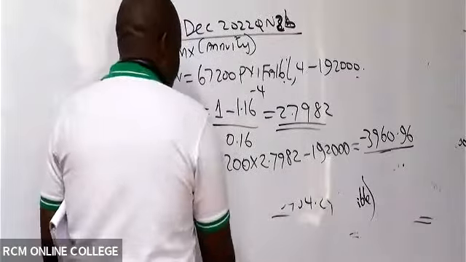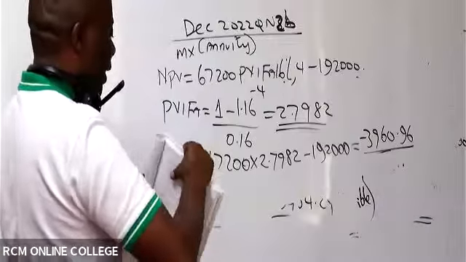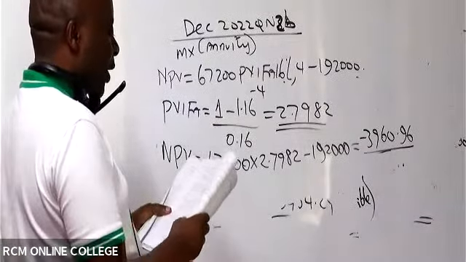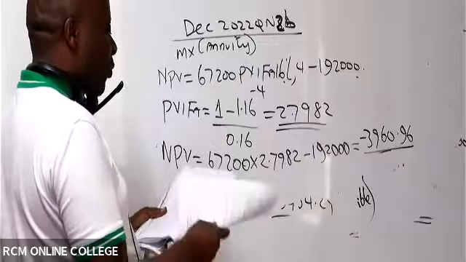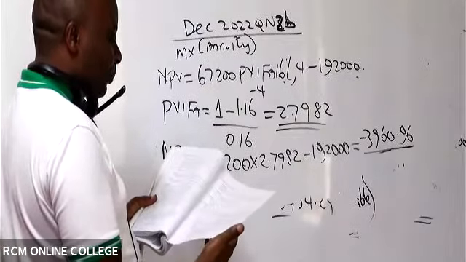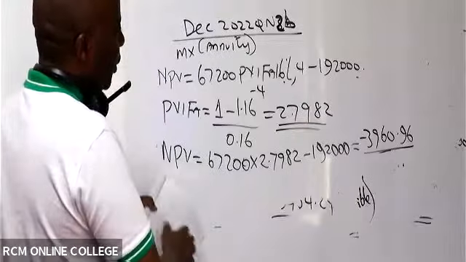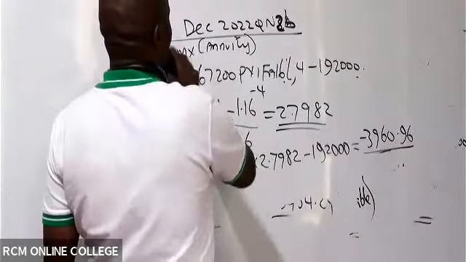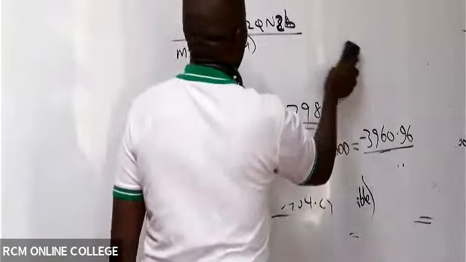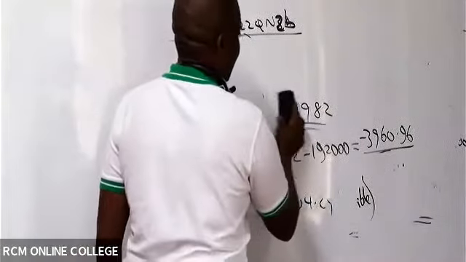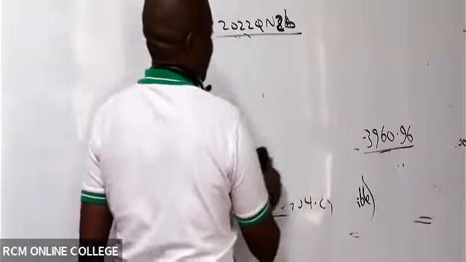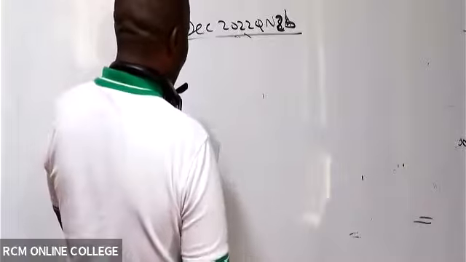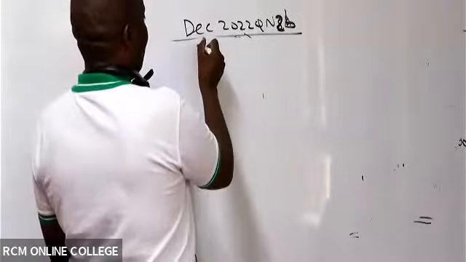So are you able to go ahead and now give me the net present value for the other project? Let's follow the same procedure. So now here we have project JX.